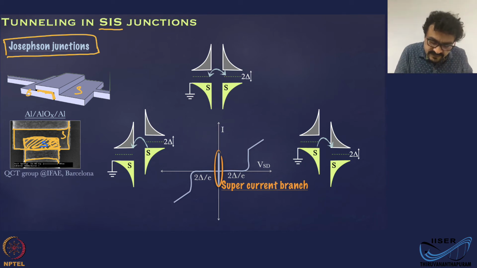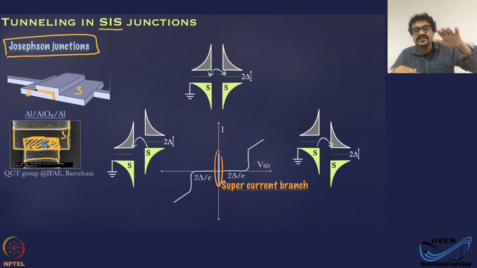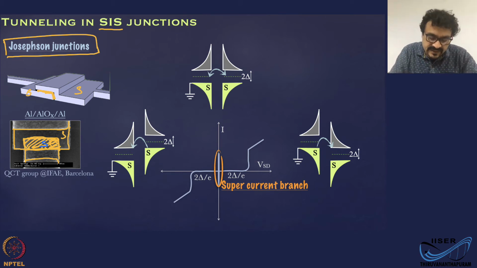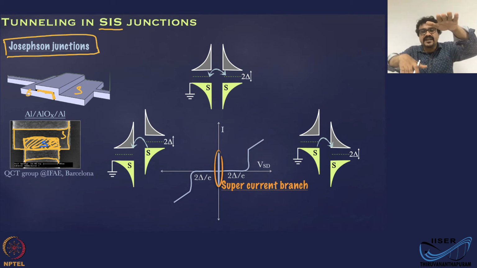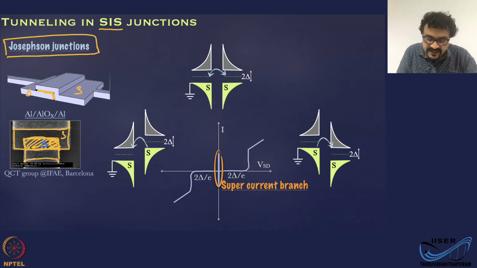Now when you move by 2 delta on each side, that means you will take this empty states here and align that with the filled states on this side. That means you are going to move it by 2 delta. That is the move in energy. That means our bias will be 2 delta by e.